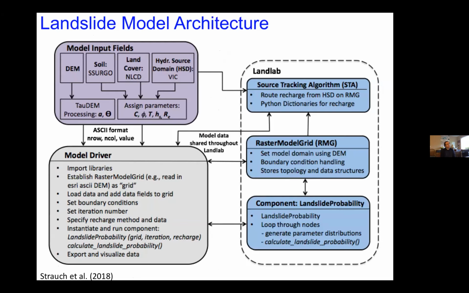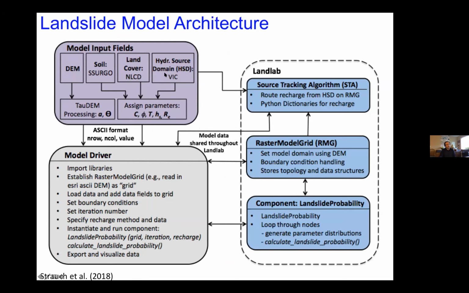This is what a landslide model architecture looks like in Landlab. Like we said, we have processes, and then we have model input field variables, and we have a model driver. This is a paper led by Strauch et al., 2018. Landlab can read DEM, soil data like from SURGO or STATSGO, and land cover data from the National Land Cover Data Set.